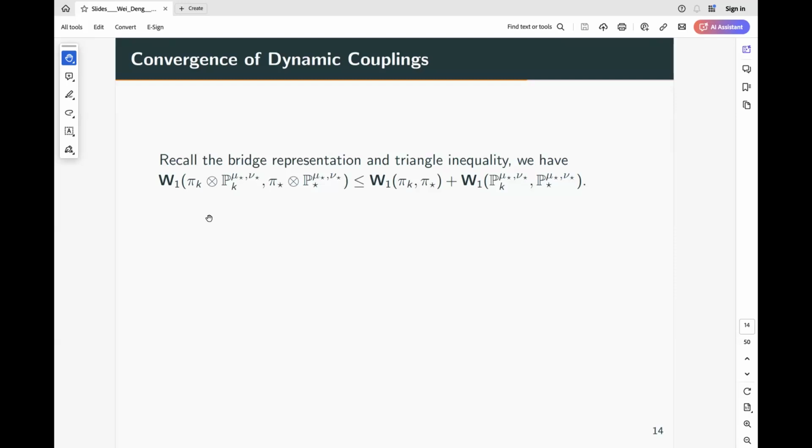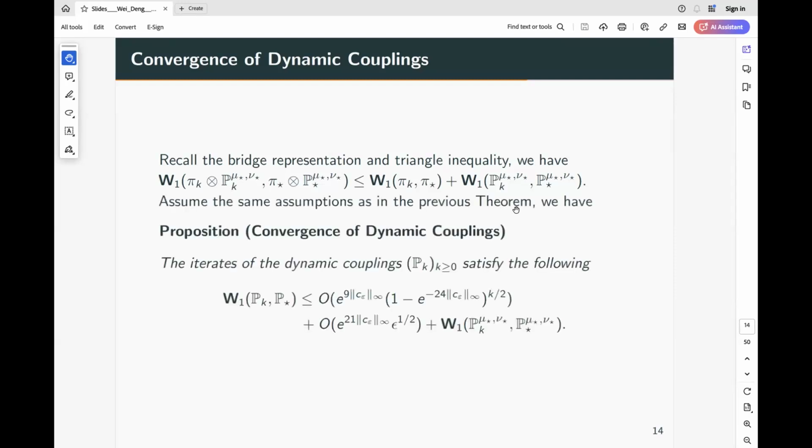So by the triangle inequality of the W1 distance, we can upper bound the W1 distance of the dynamic couplings by the static coupling convergence and the convergence of the diffusion bridge. So this means that in the future, if we can identify the convergence of the diffusion bridge, we can figure out the convergence of the dynamic coupling.